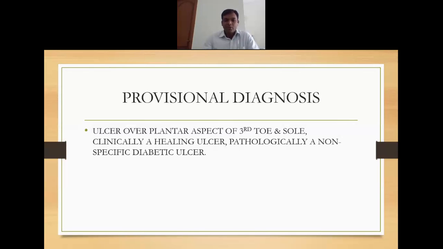If it is a non-specific ulcer, you cannot point out an etiology. That is what the classification itself tells. You cannot make out an ulcer as a traumatic ulcer by examination, only by history. So that is a non-specific ulcer.